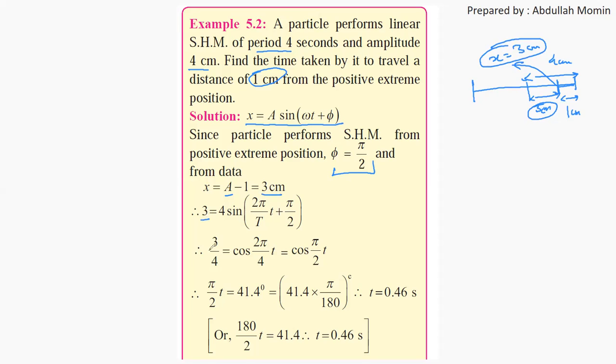So this is 3, amplitude is 4, sine of omega t, where omega can be written as 2 pi by T into t plus pi by 2.